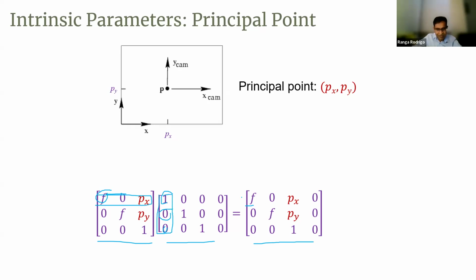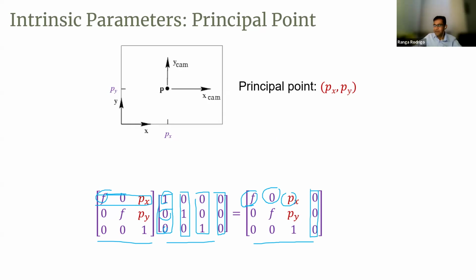You get this number. Multiply this column to get this number, it's 0. You take this column to get this number, and finally multiply this column with that row to get this number. Okay, I hope this is clear to you.